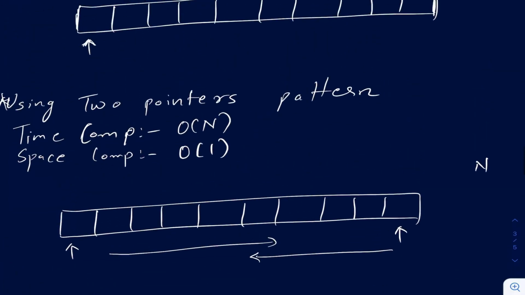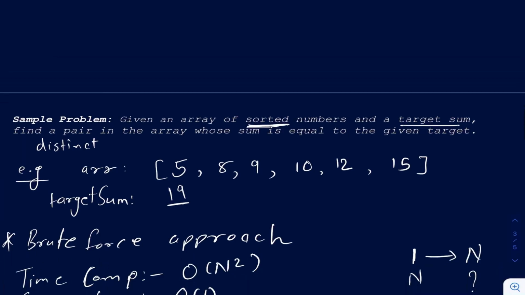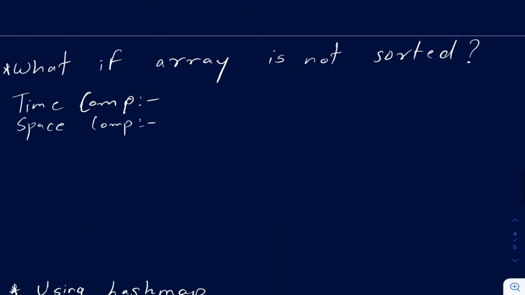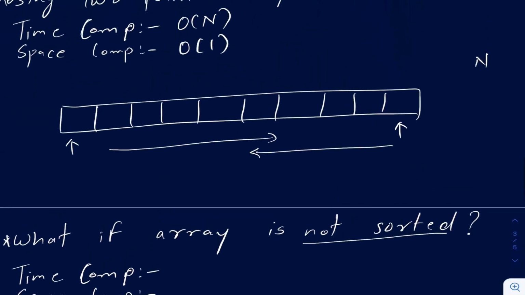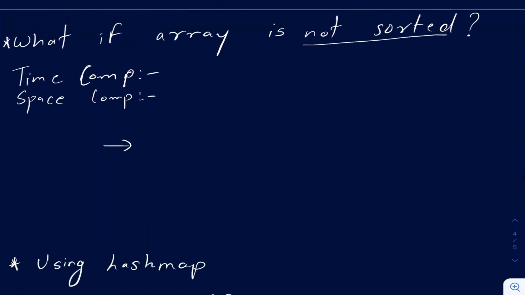I told you that we can use the two pointers pattern because we are told that our input array is already sorted. But what would happen if my input array is not sorted, and I want to use this two pointers pattern? In that case you would have to sort the array first, and then apply the two pointers pattern.